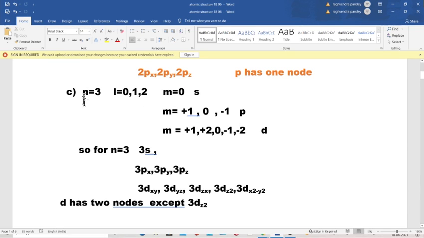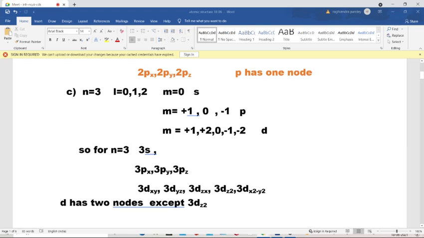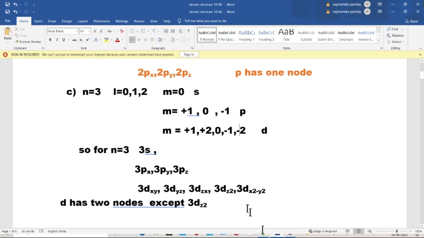So for N is equal to 3, these are the L values and these are the M values. For N is equal to 3, we have 3S. Then we have 3px, 3py, 3pz.